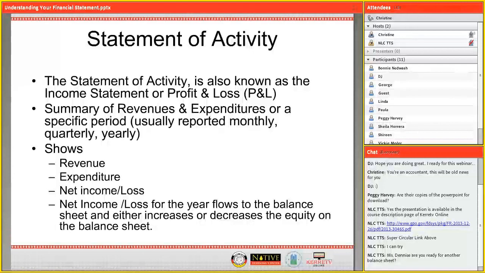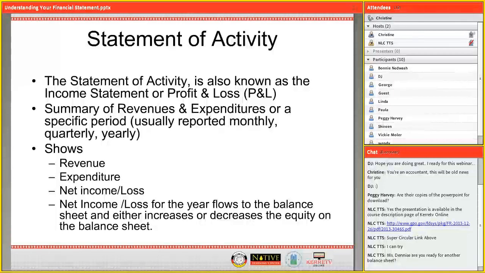If you wanted to look at payroll, you could have it broken out by this is the total that we paid in salaries. This is how much we paid in FICA tax. This is how much we paid in federal taxes. How much we paid in state taxes. This is how much we had to match for FICA. This is how much we paid in benefits. All of that can be listed out.